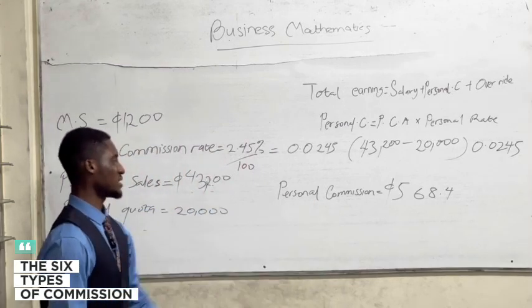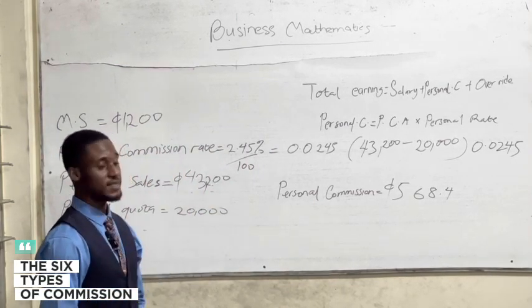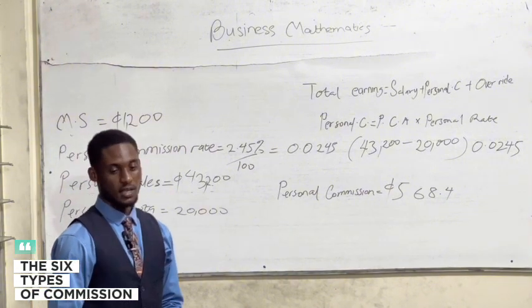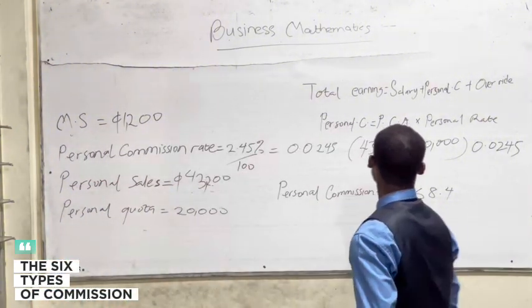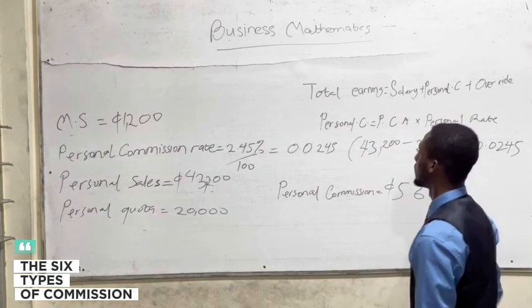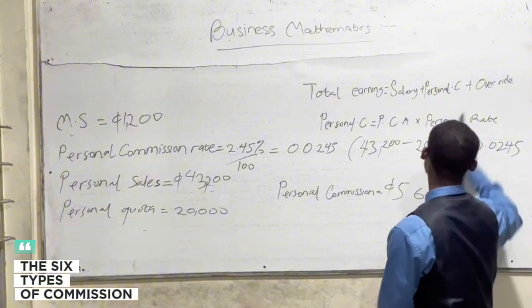So with the personal commission, we had 568 Ghana cedis. After finding your personal commission, we can fix this here and fix the monthly salary here, but we are left with override.